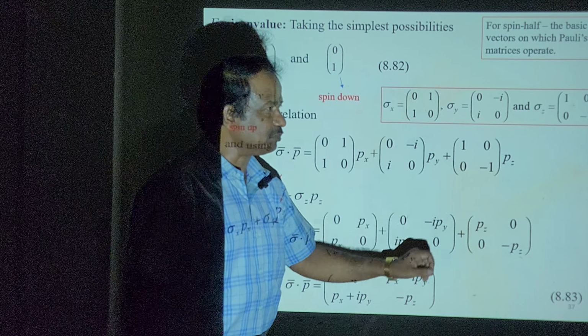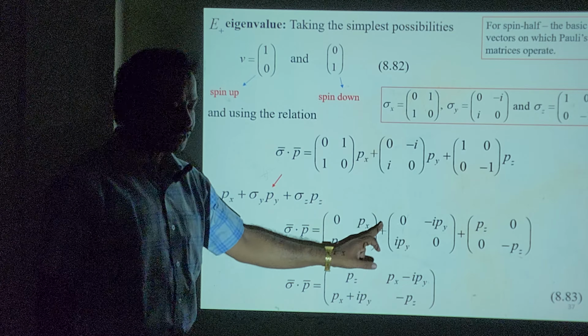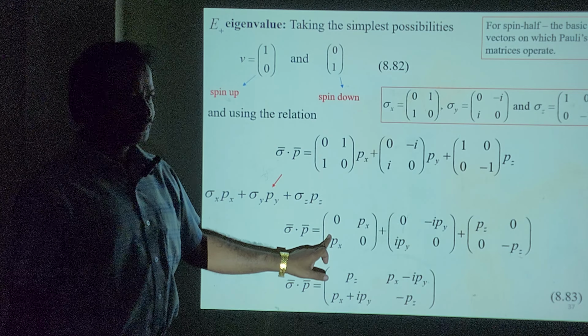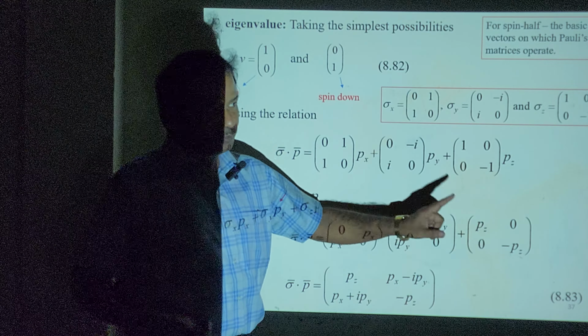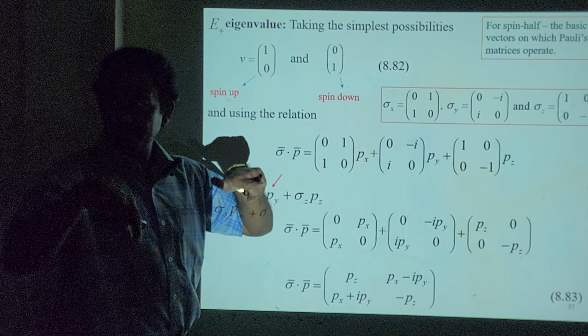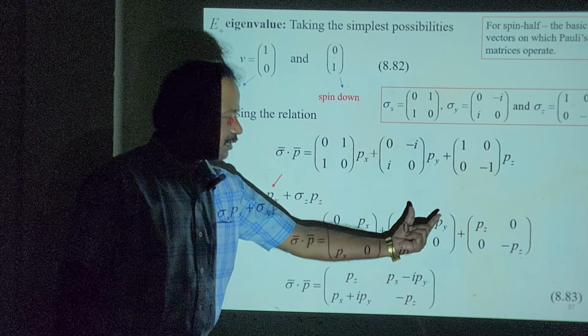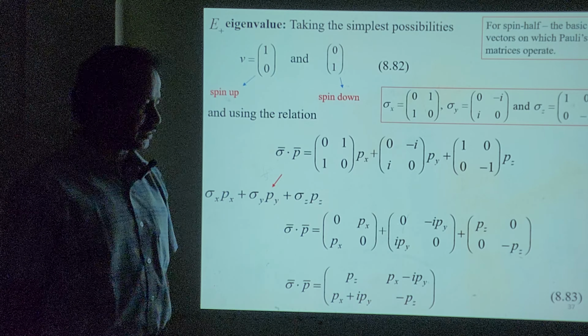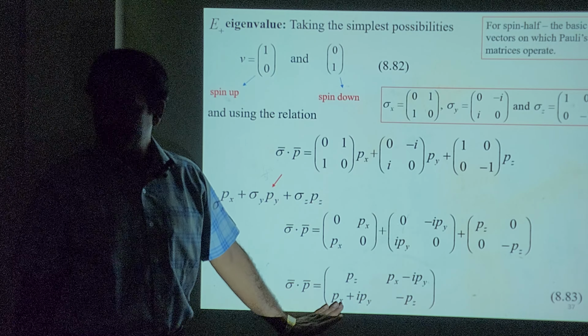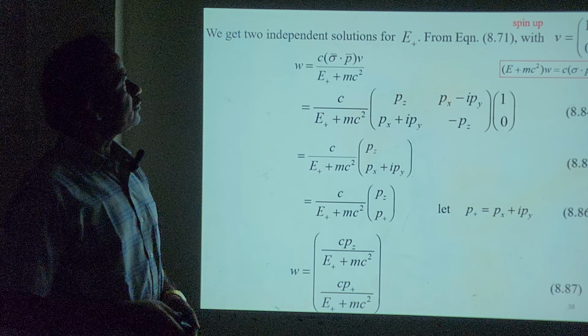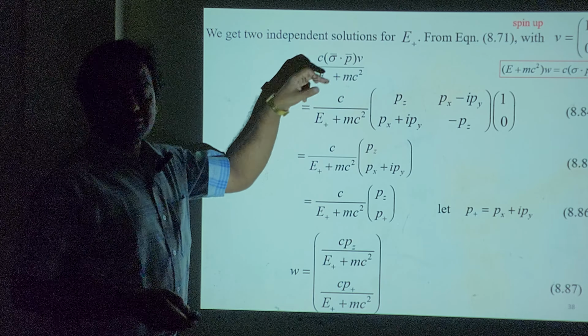This alone will have diagonal elements, so this will not have diagonal elements, we know already. So this is for sigma z, 1 for spin up and minus 1 for spin down. So sigma dot P will be, you add all the three, we will get equation 8.83. Very simple matrix addition. Okay, now we have calculated sigma dot P.